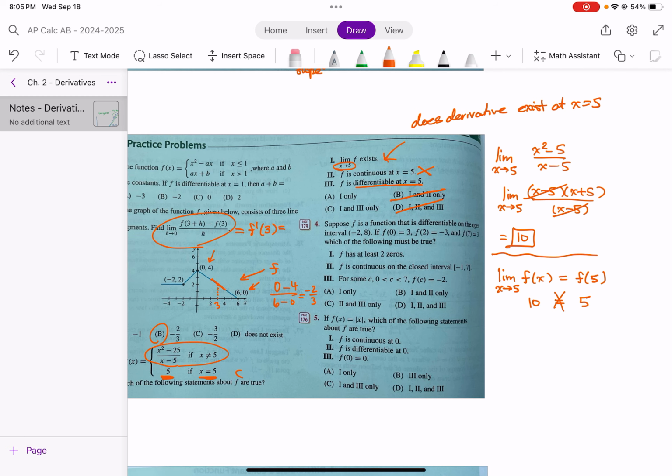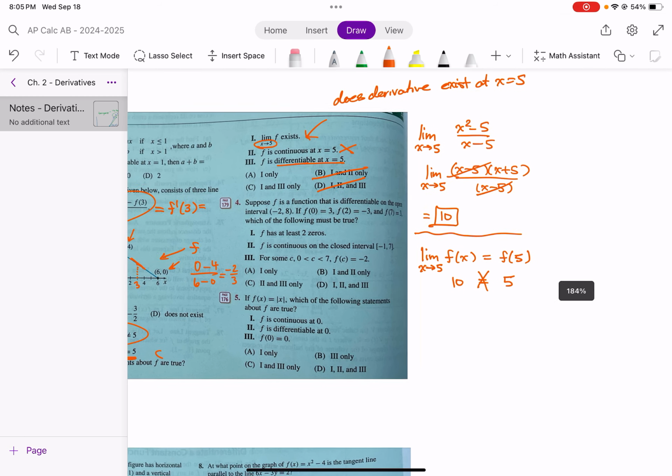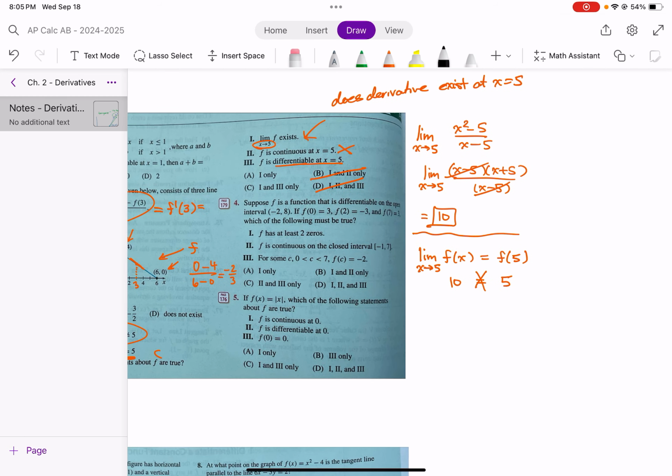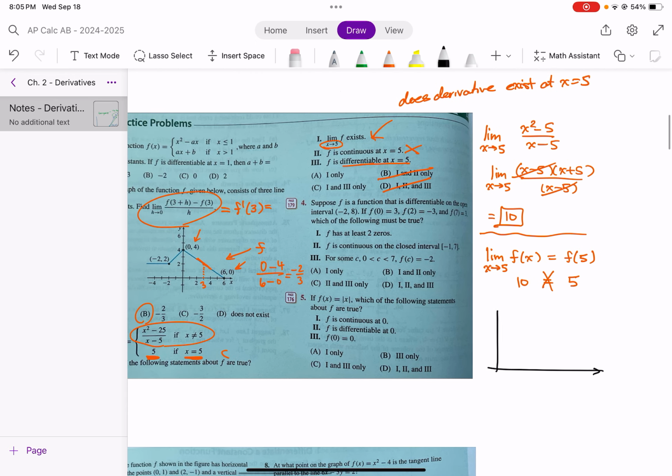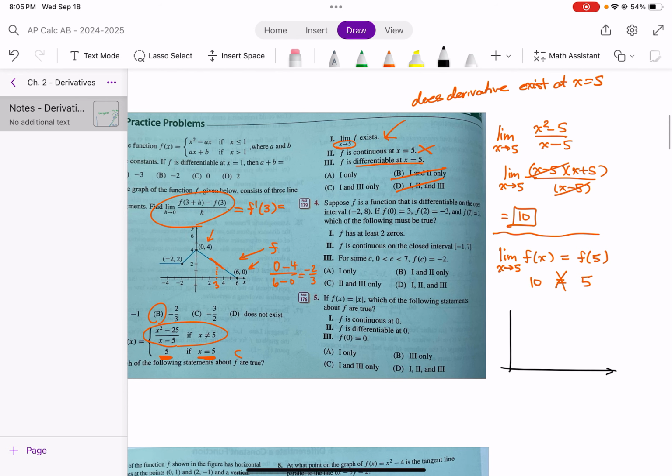And this is more of a conceptual thing. This is not really something that you can just memorize a formula for. So let me draw a picture of our scenario here. All right, so if you think about what this function looks like, it becomes really clear.